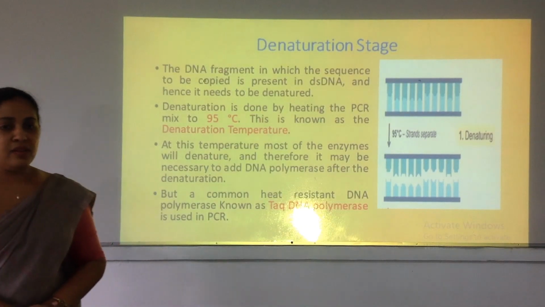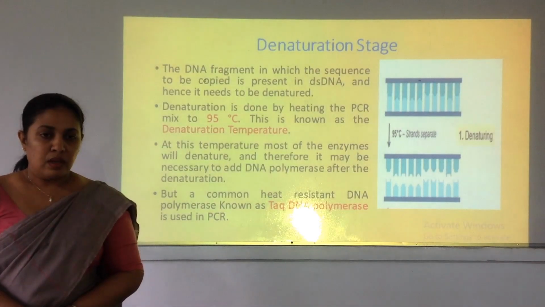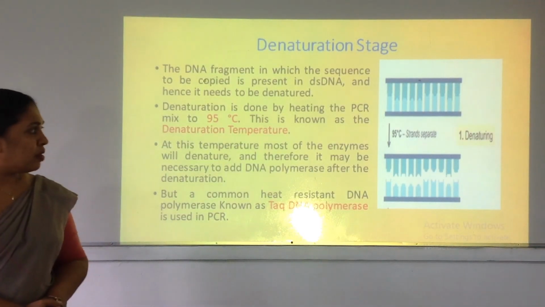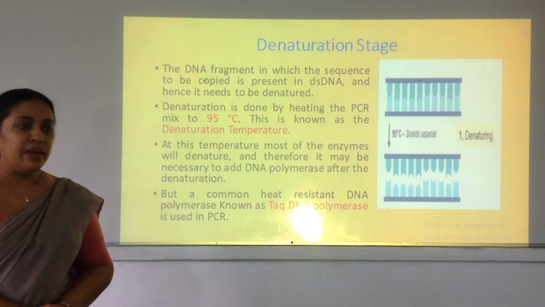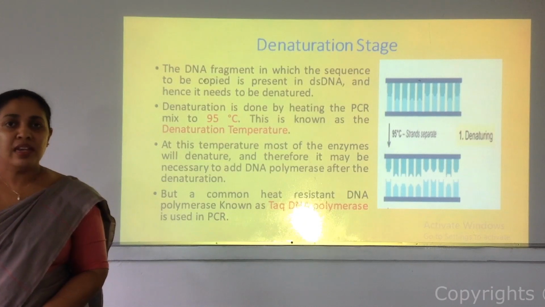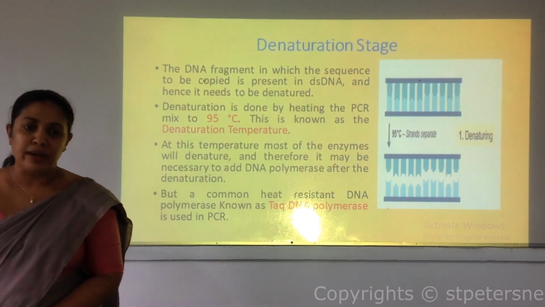If you go into the details, in the denaturation stage you can see the temperature difference. It is heated to 95 degrees Celsius. Usually DNA is denatured at this temperature. It is almost close to the boiling point of water.